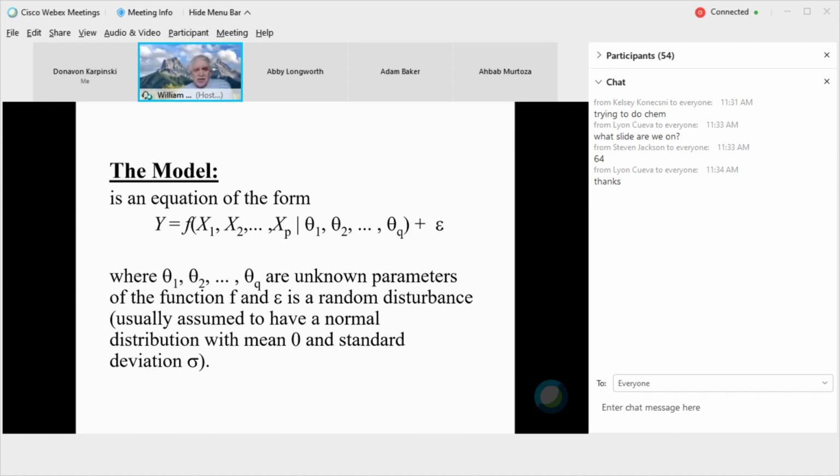This is a general model. This is a function that's known except for these parameters, theta 1, theta 2 up to theta q.